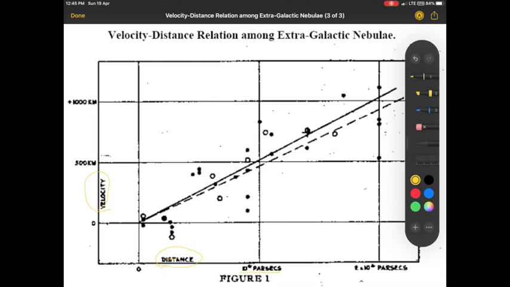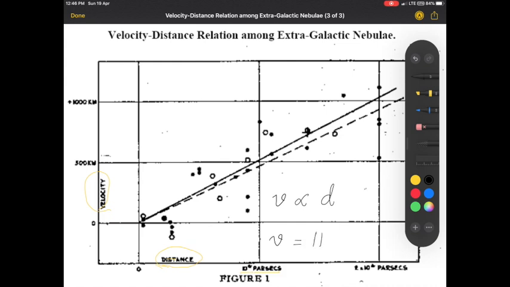And you can see, if you don't draw these lines, they are kind of scatter plots. But Hubble drew this line, and he found out that the velocities are proportional to the distance. And he figured out the proportionality constant just by fitting this straight line.